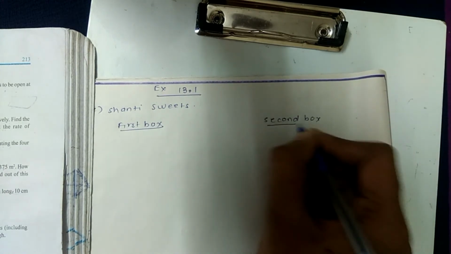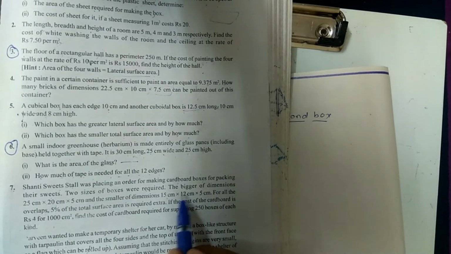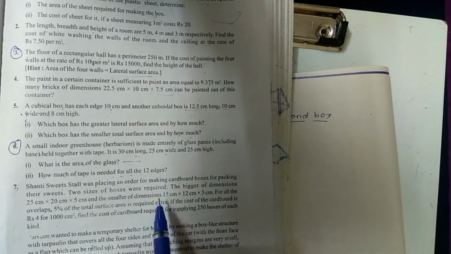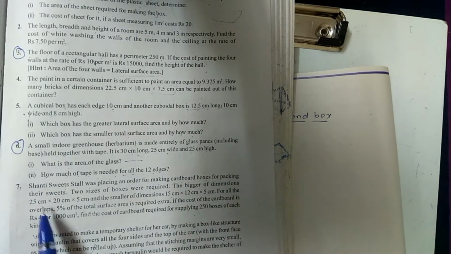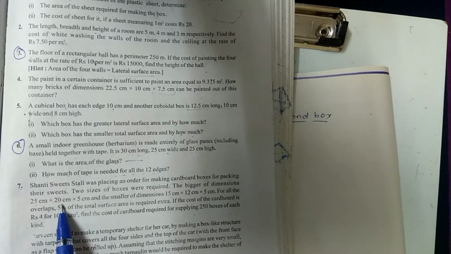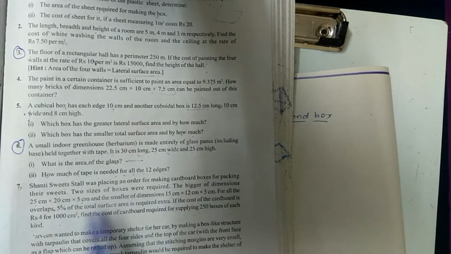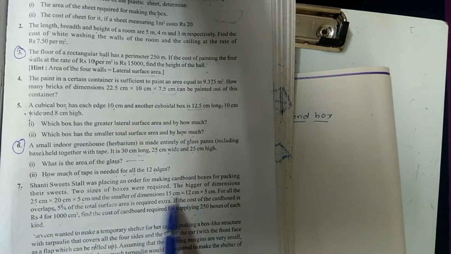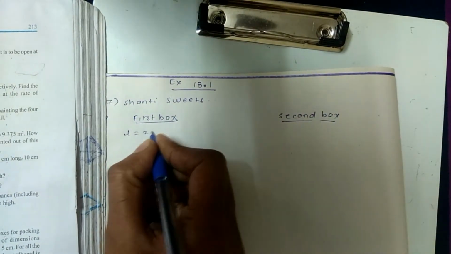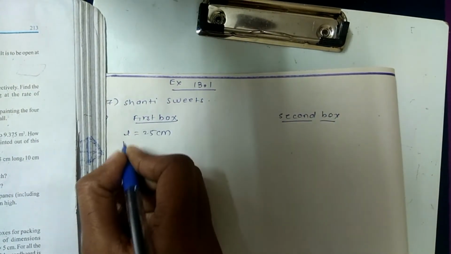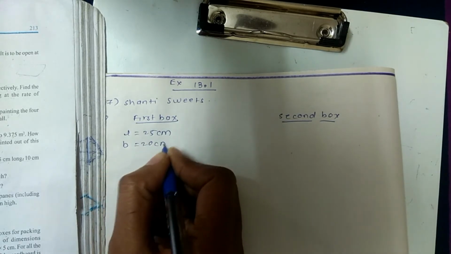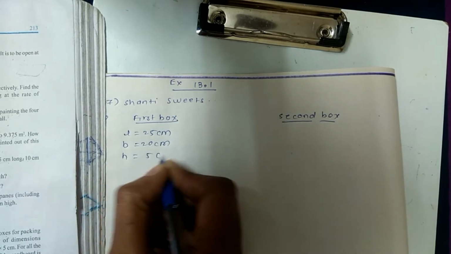Let us see the measurements of the first box, the bigger box. Both should have the same unit here: 25, 20 and 5. So we'll write here: length is 25, breadth is 20 centimeter and the height is 5 centimeter.